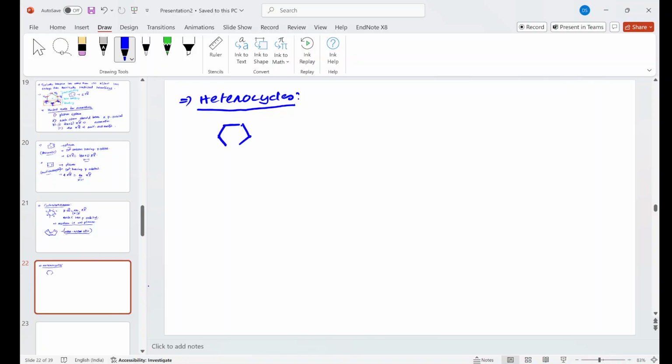One is pyrrole, and one is pyridine. First, we need to see that this nitrogen can use its lone pair so that it can have resonance structures.